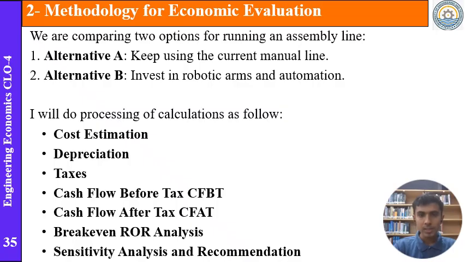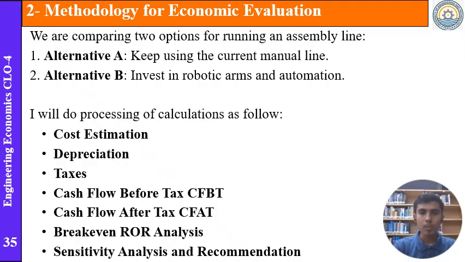So here are the details of the methodology. I am considering two alternatives, alternative A and alternative B. Alternative A is to keep using the current manual line, and alternative B is investment in the robotic arm. I will process the calculations according to the following headings. Number one is cost estimation. I will estimate the cost of each project. Then I will calculate the depreciation for each project.